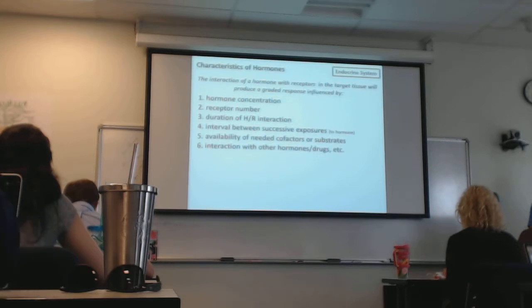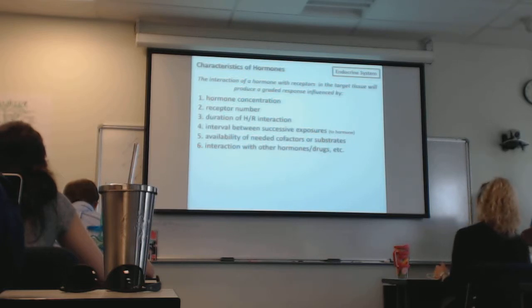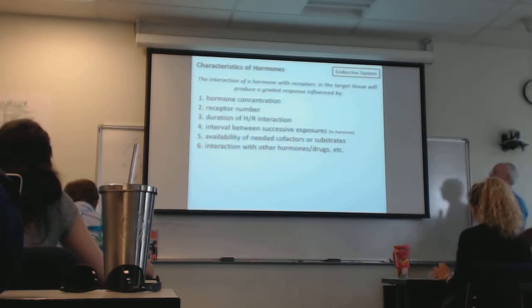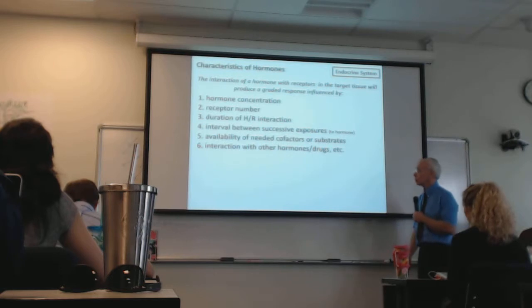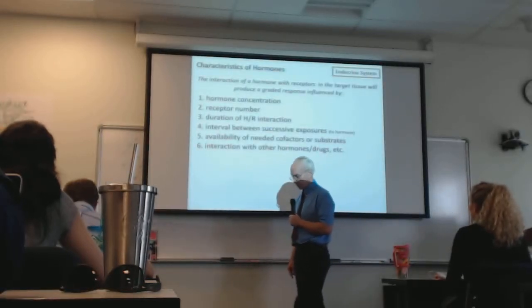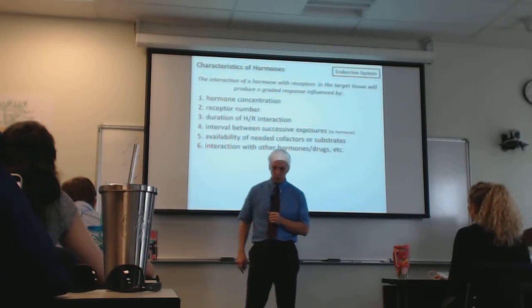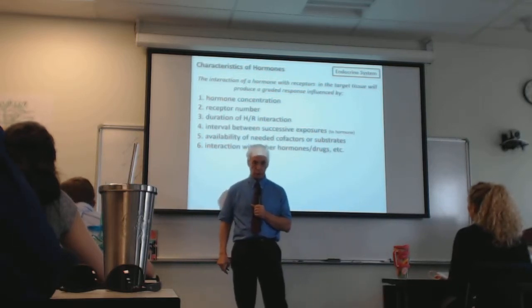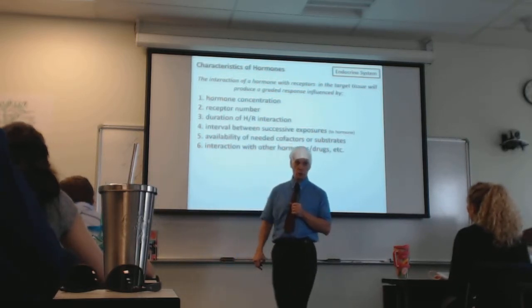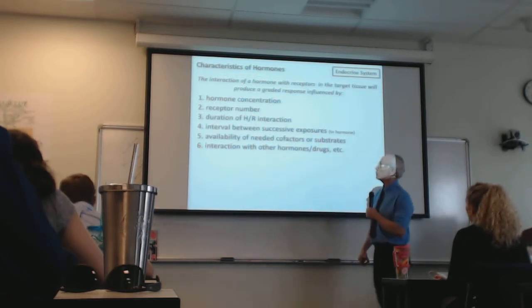And so this is just a little list of things I want you to think about. It says the interaction of the hormone with its receptors in the target tissue will produce a graded response influenced by hormone concentration. So we need to be aware of all the factors that might affect the concentration of hormone in your patients.